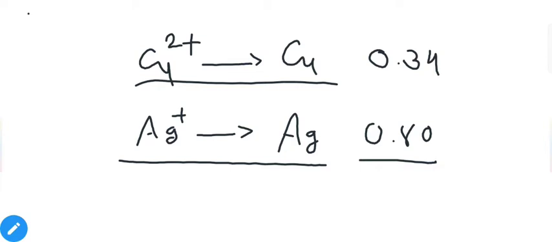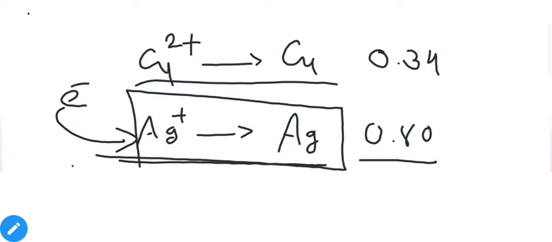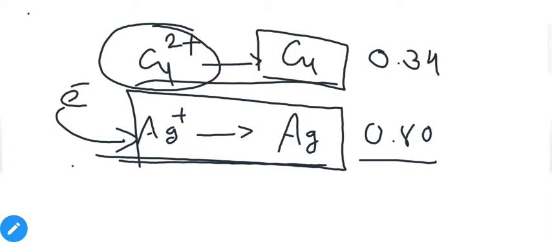So obviously if we place electrons between them, silver will attract electrons strongly, and that's why silver reduction will occur and copper will remain as Cu2+ ion. Copper is not able to reduce itself until 100% of the silver ions are reduced. Only after complete removal of Ag+ ions will reduction of copper take place. The same situation can be obtained for the second set, that means for the oxidation reaction.